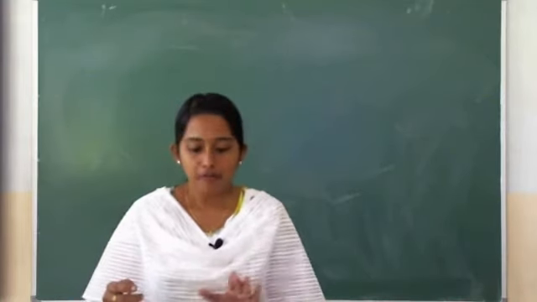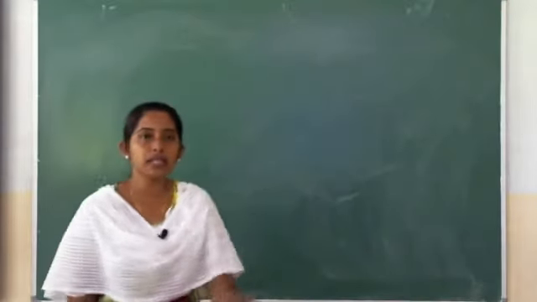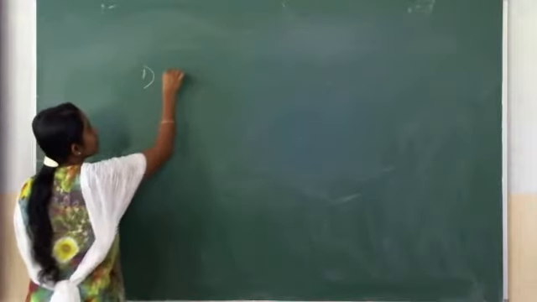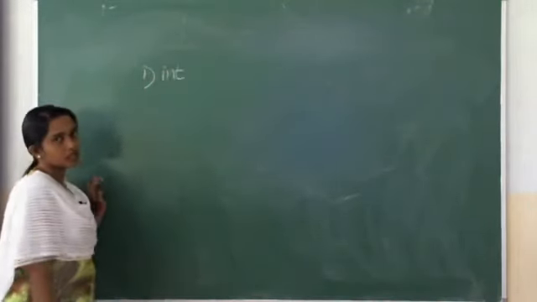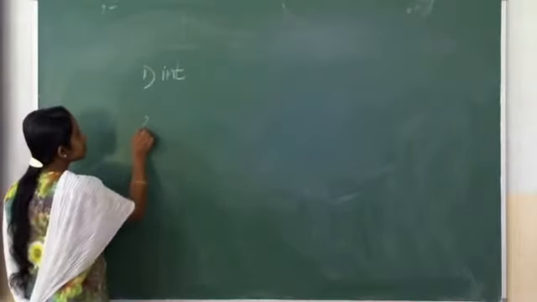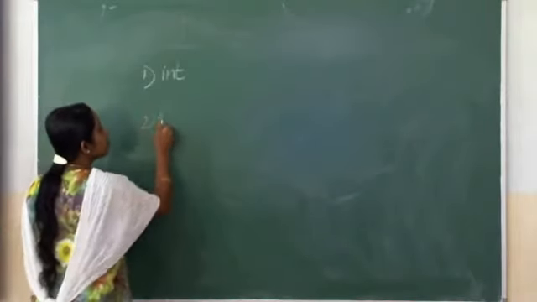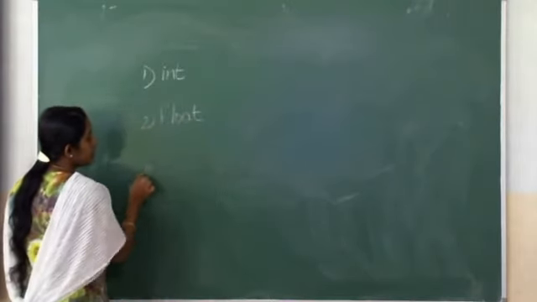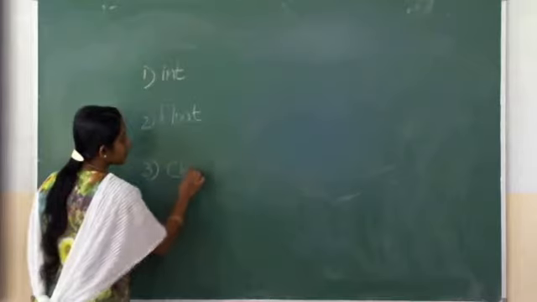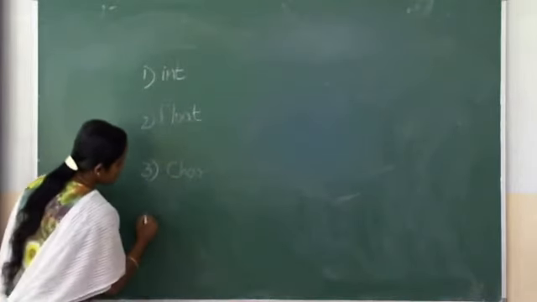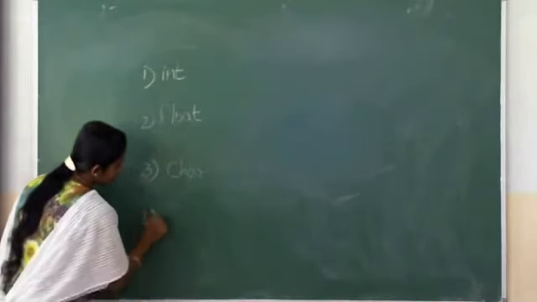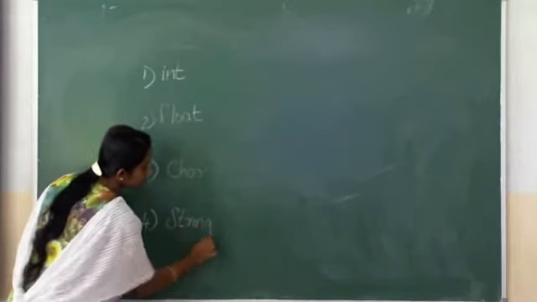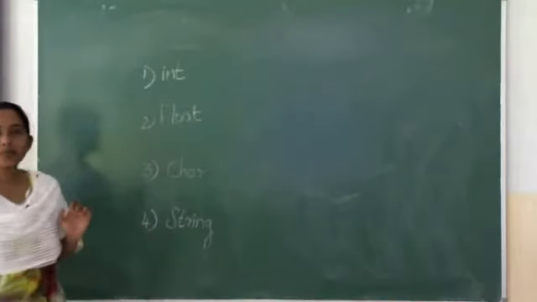Mainly four data types: first one is int, second one is float, third one is char, fourth one is string.